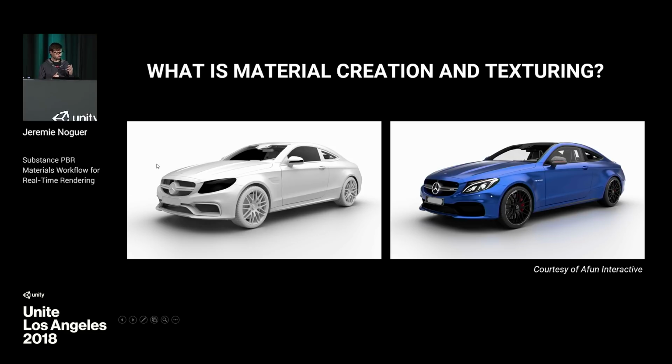But what you want to do is transform that pretty much empty shell into something that will actually look like a car. And that's where you'll need to apply different kinds of materials that are sometimes very complex, like a car paint, that has a lot of different layers, because that's just how these materials are built in real life. Or stuff that is more simple, like rubber for tires or leathers or fabrics.